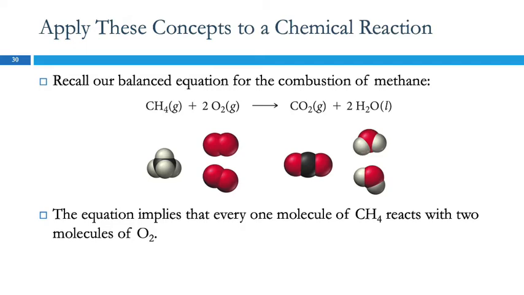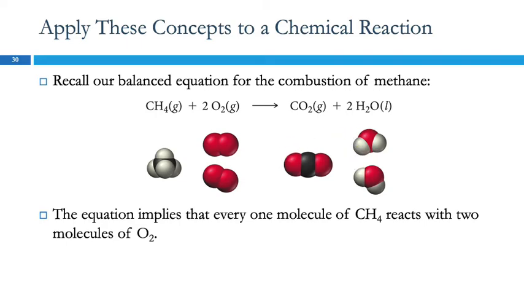So let's apply these concepts to a chemical reaction. So we looked at balancing equations using this combustion of methane reaction. So 1 molecule of methane and 2 molecules of oxygen make 1 molecule of CO2 and 2 molecules of water.